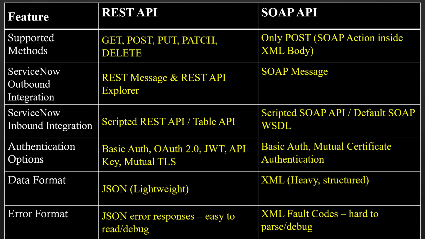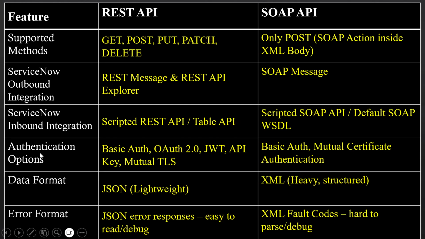For SOAP inbound integration, ServiceNow auto-generates a SOAP WSDL for each table, or we can write scripted SOAP web services manually. So the client downloads the WSDL and sends requests in SOAP XML format.